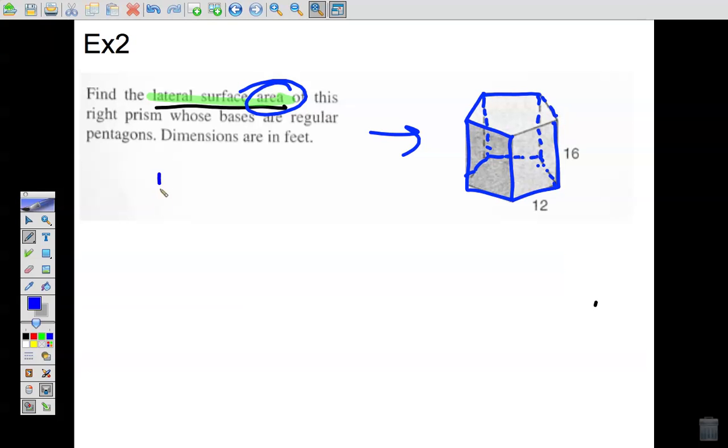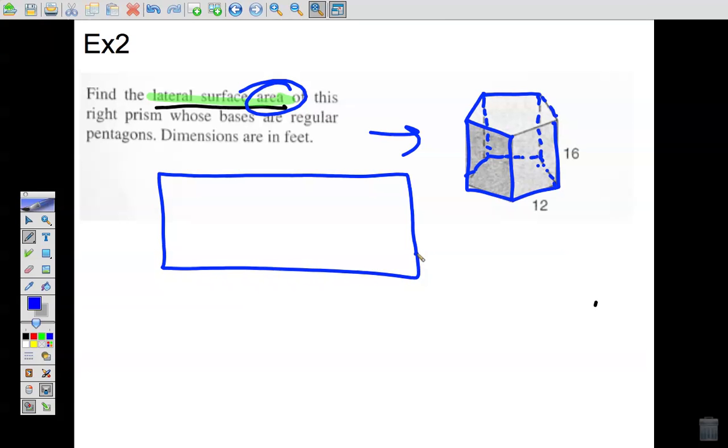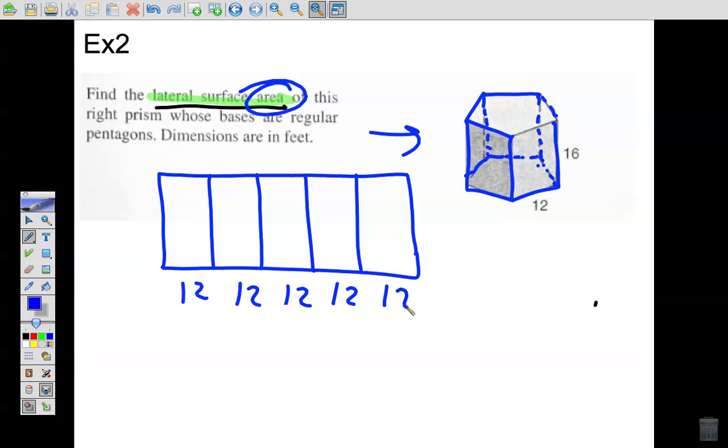So if I cut this and stretch it out, I would have 5 of them, and the bottom of each one is 12, and the height is 16.